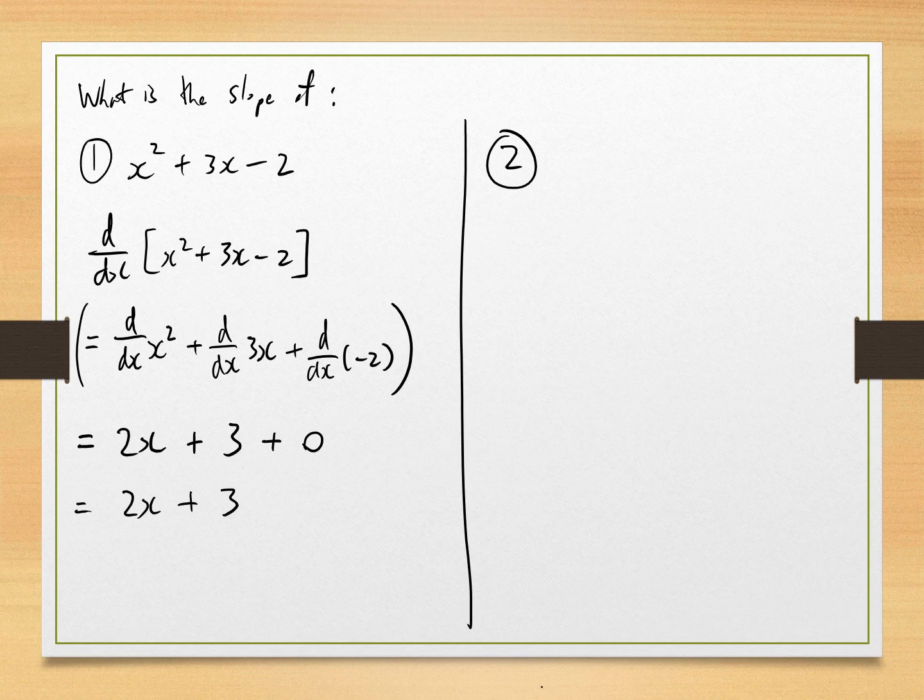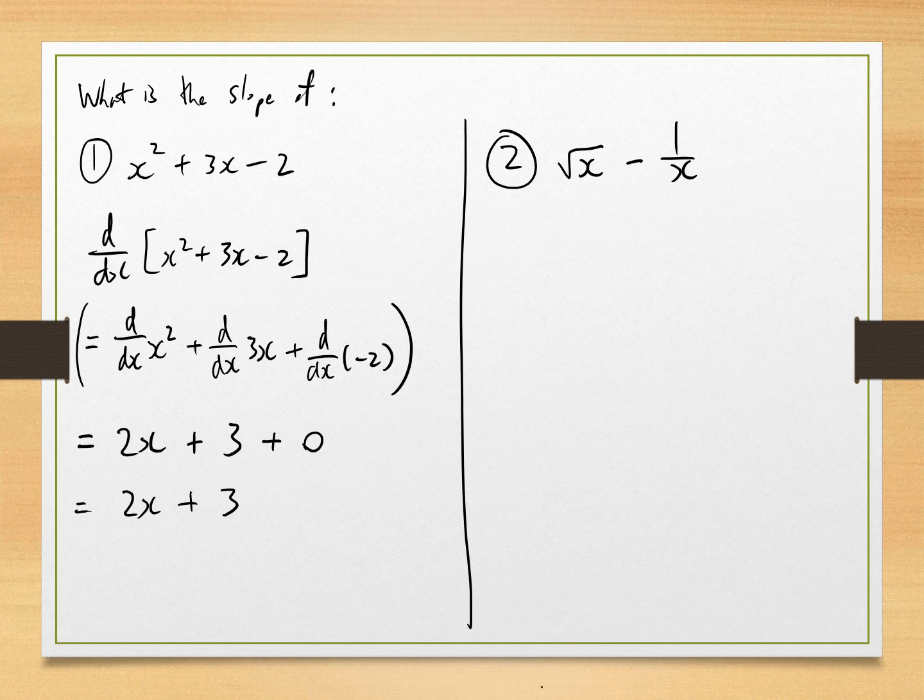What if you have the square root of x, and minus 1 over x? What do you do?